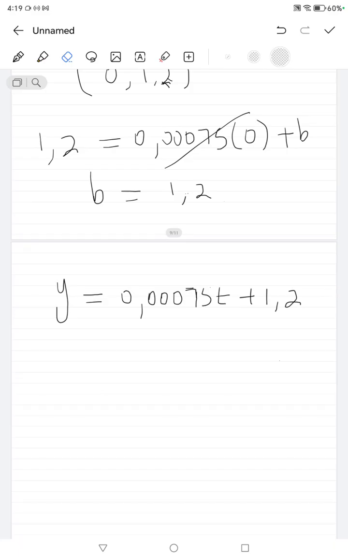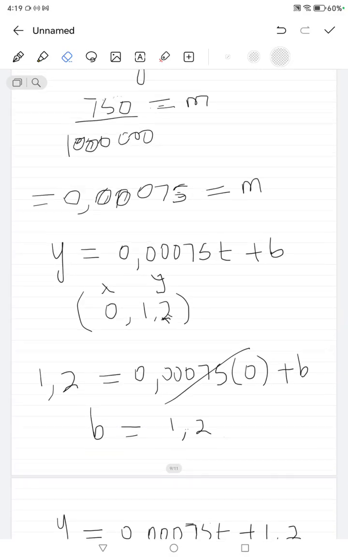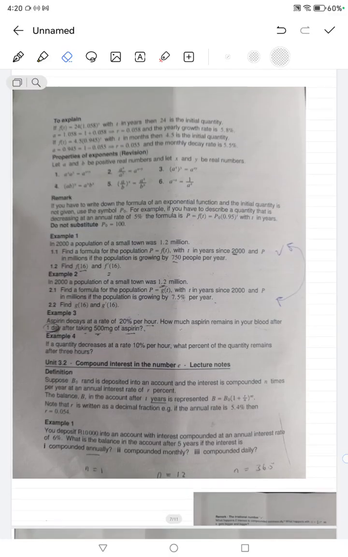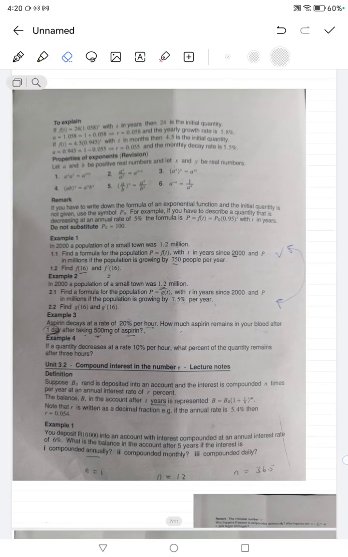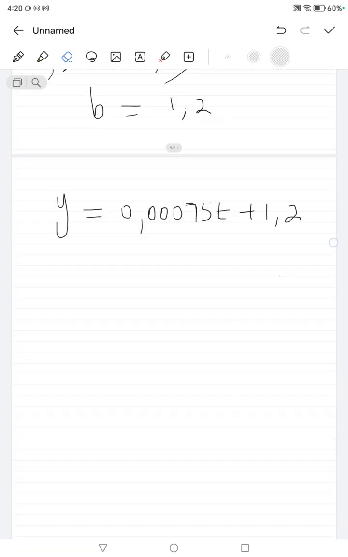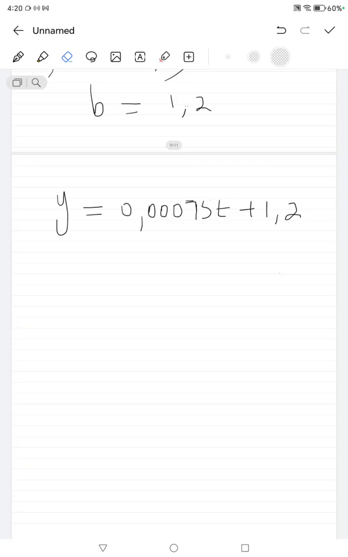Now let's just do them separately. The first one, they wanted you to find your f of 16 and the derivative of that. So if we input 16 this side, you will have your f of 16.